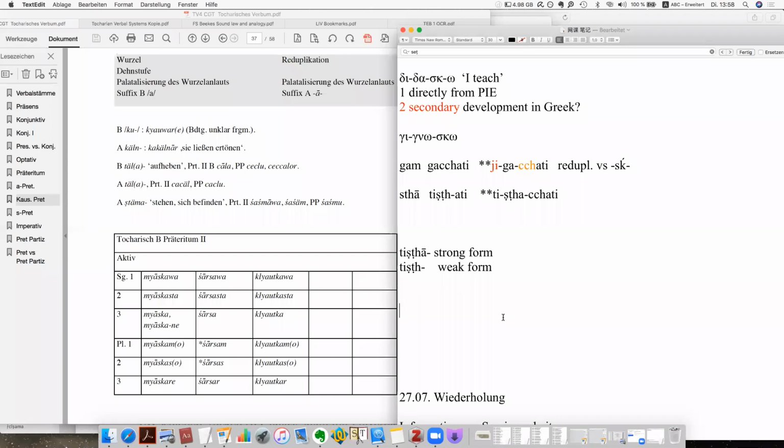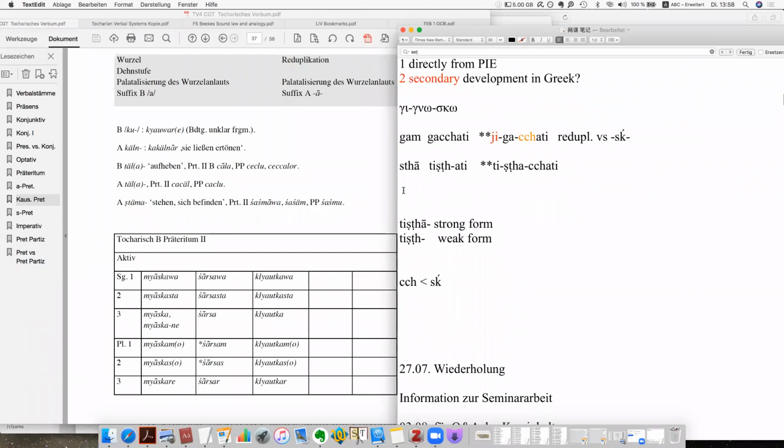No, there's no such development. Star, there's no such development. Sh comes from sk, this is for sure. Which class? Think about it. Which present? 1, 2, 3, 4, 5, 6.